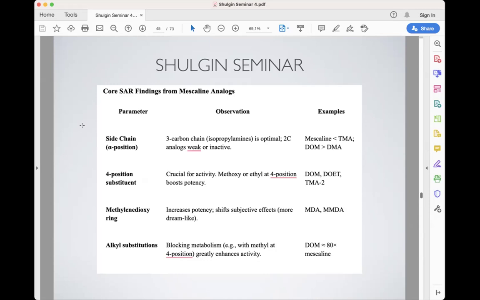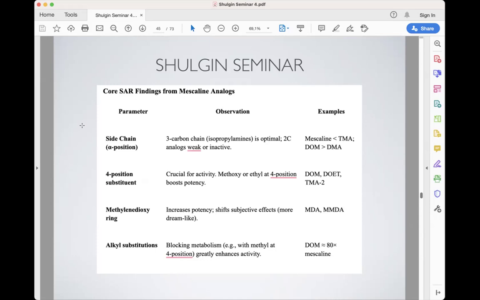Then after examining nutmeg, he started doing the methyl and deoxy ring, adding the second ring to the basic phenethylamine structure, and this is what was already discussed here. And then he goes to tetra MA, to DMA.